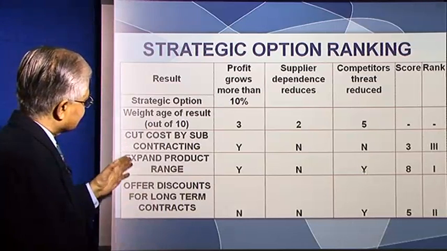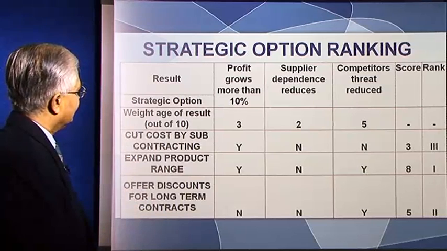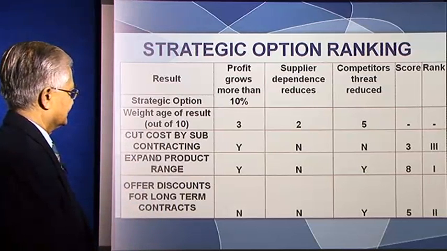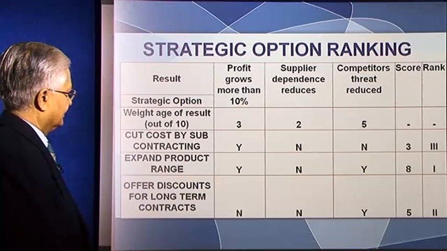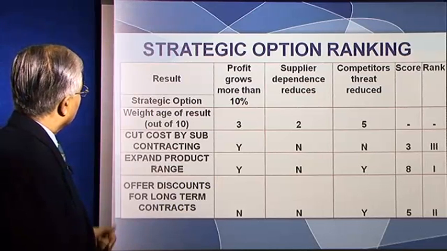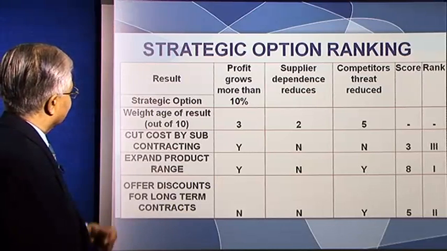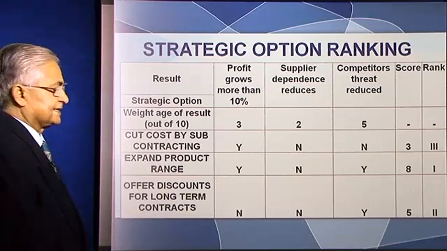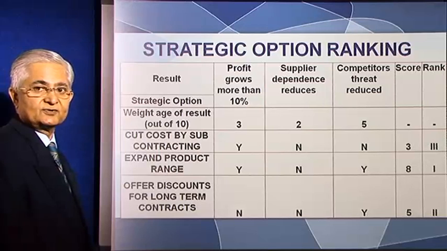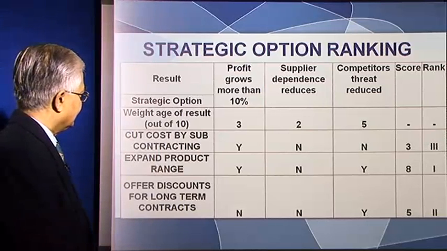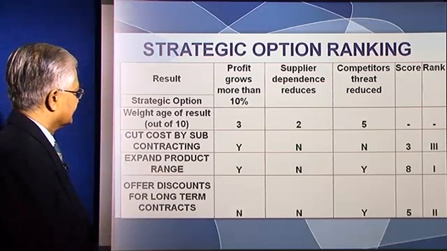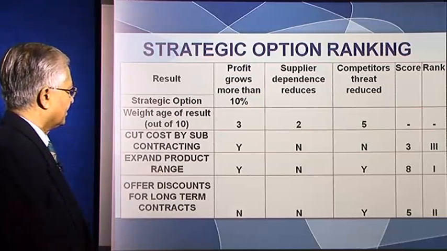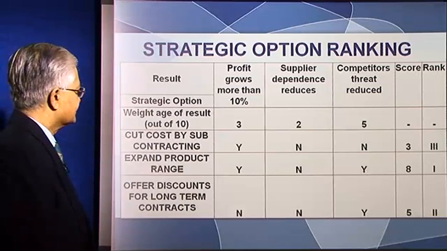On the y-axis, what we have are the strategic options. For instance, the first strategic option is to cut cost by subcontracting. The company intends to actively promote subcontracting, and by doing this, to cut costs.